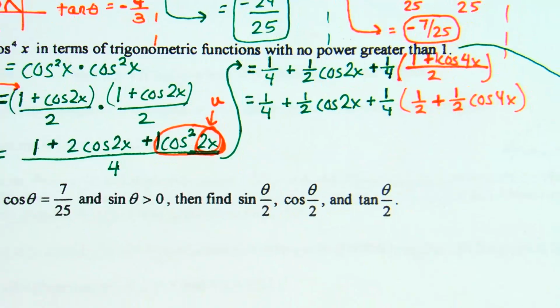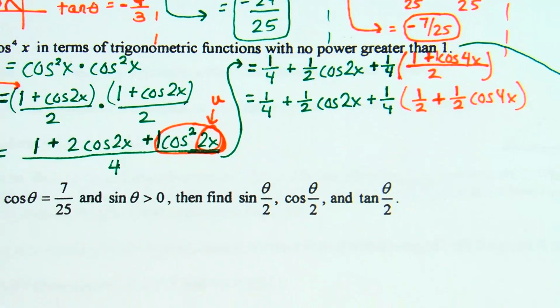And it's technically algebra we're doing at this exact moment. It's algebra with trig mixed in, but it's still technically our algebra skills. Okay. What about that 1/4 out in front of my parentheses? Distribute.